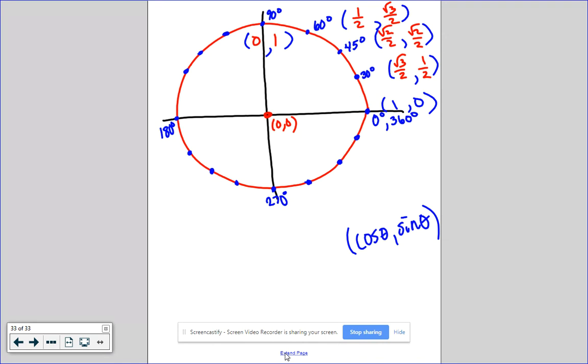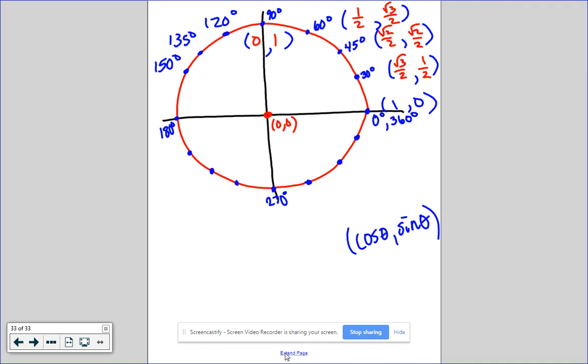So it's 30, 15, 15, 30. So if I start at 90 and I add 30, that's 120. Then I add 15, so that's 135. I add 15, 150. I add 30, I'm at 180.